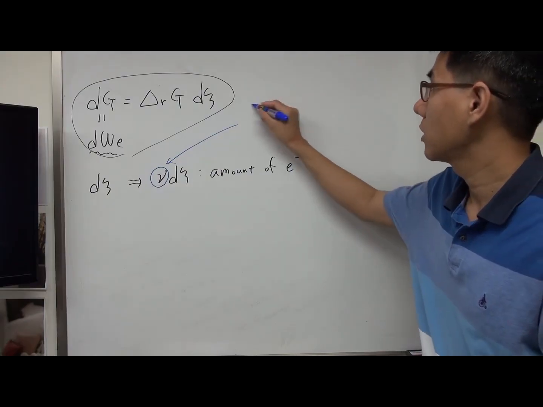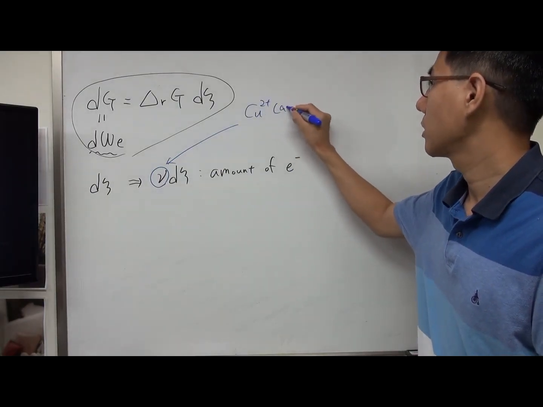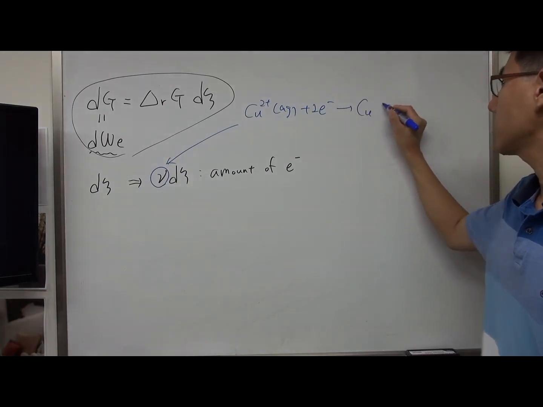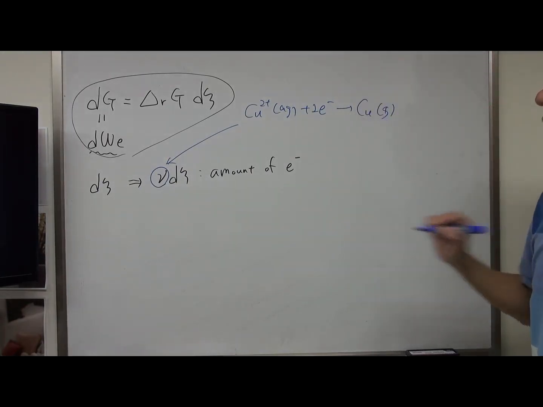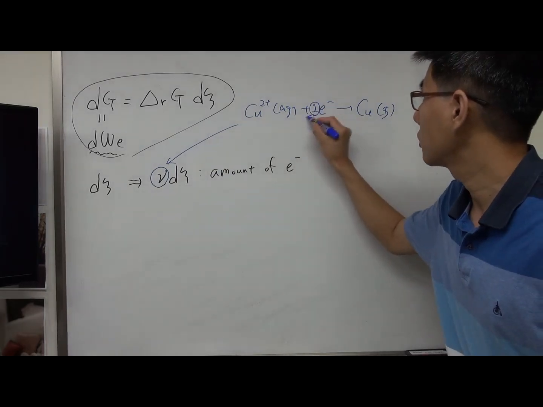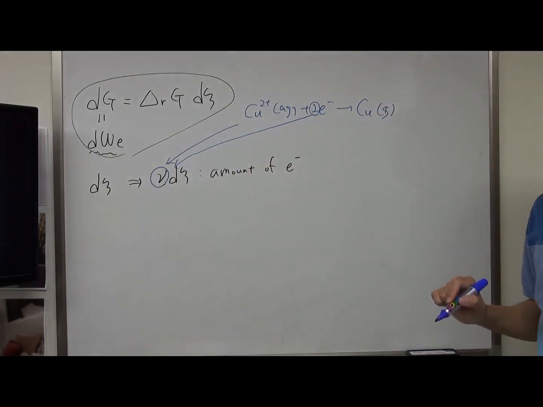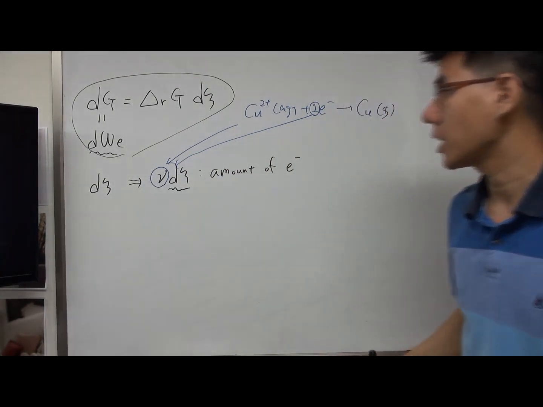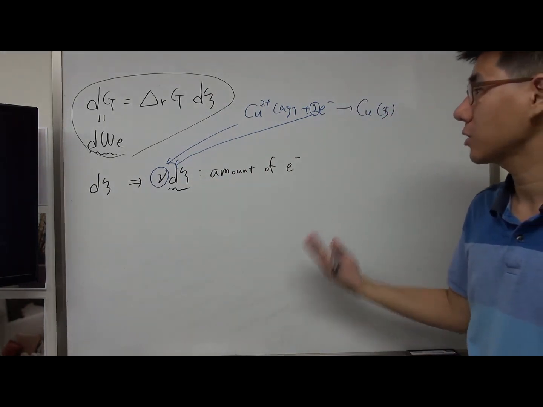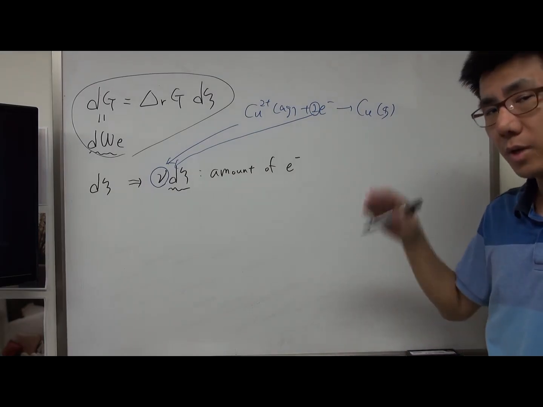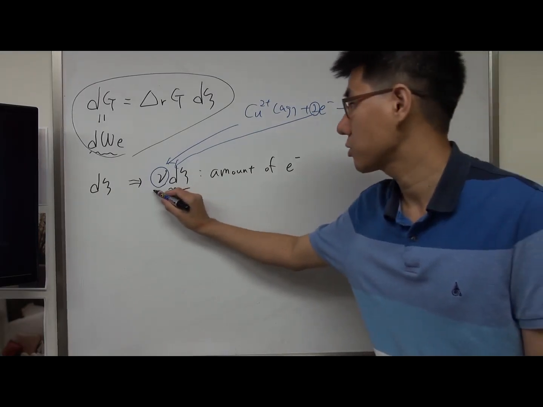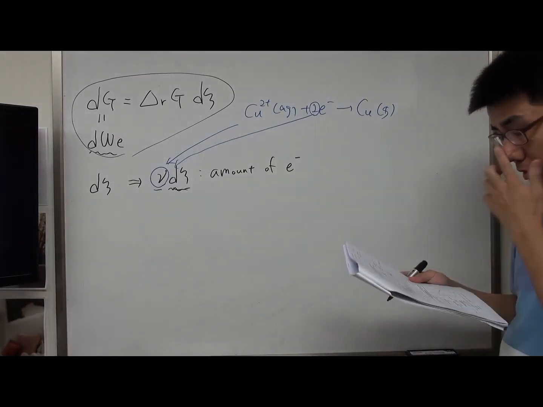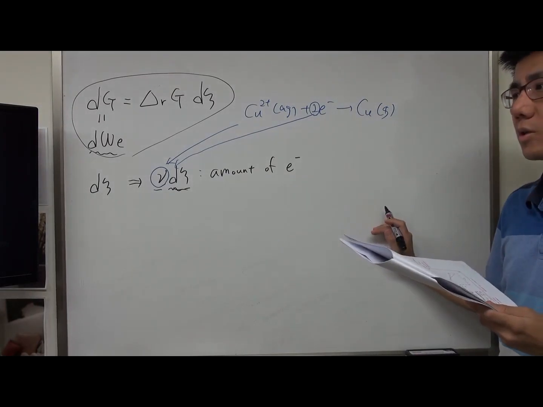For example, for this half reaction, nu is 2 here. That's nu. So if the extent of reaction is d psi, the total amount of electrons which have been moved from anode to cathode corresponds to nu d psi. This is the amount of electrons.